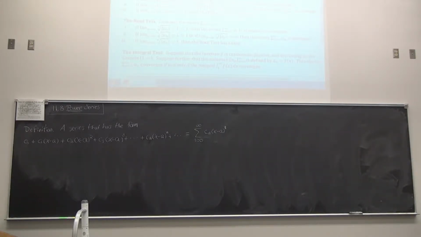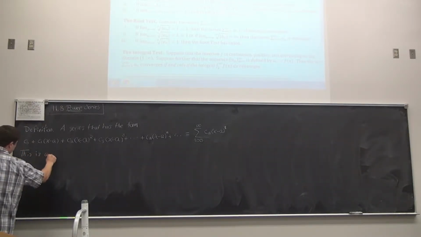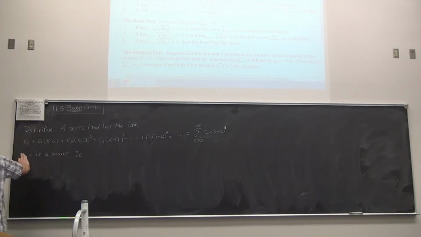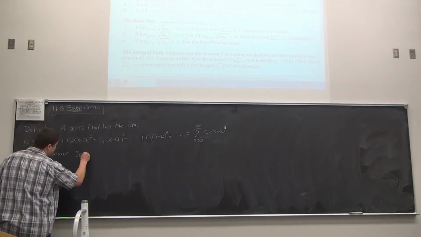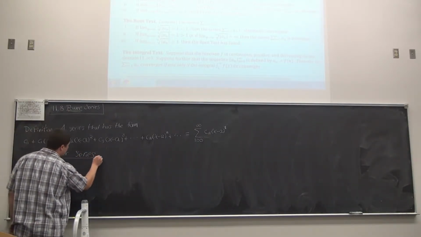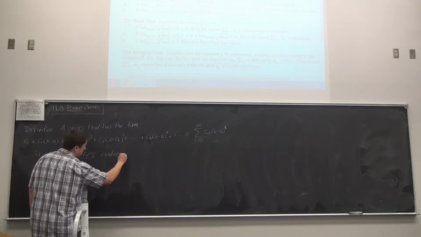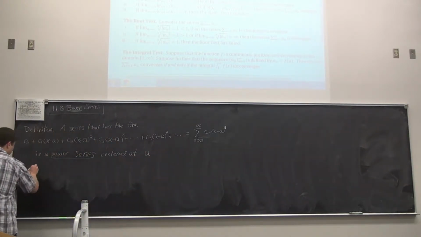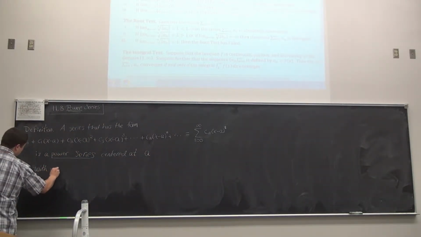Okay, then the working definitions for things that you'll see quite a lot in the reading and the homework problems are things about the coefficients and the center. So let's write that out next. A series that has the form, all this stuff, is a power series centered at a, this value here, with coefficients c sub n.